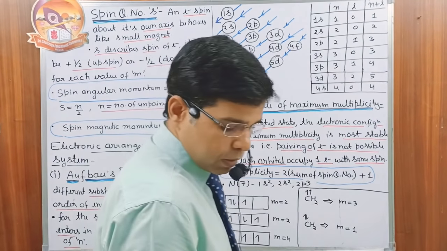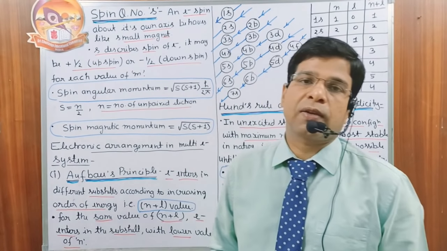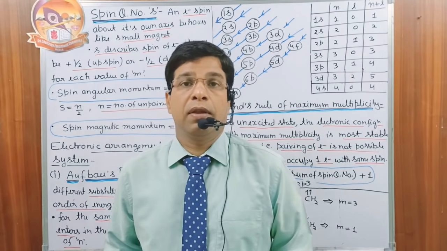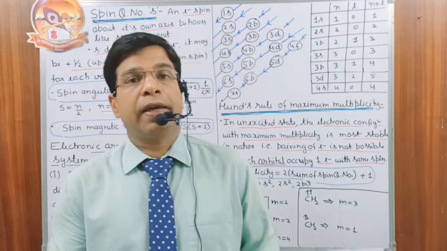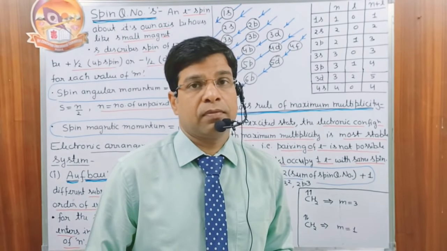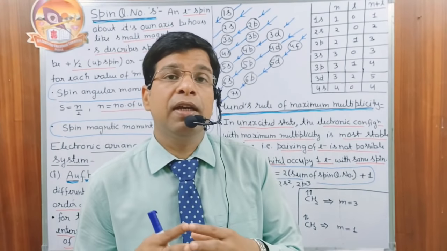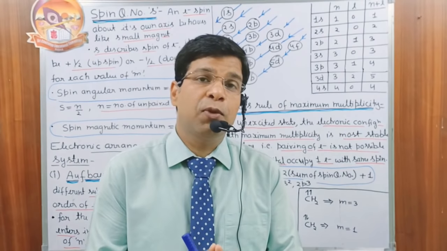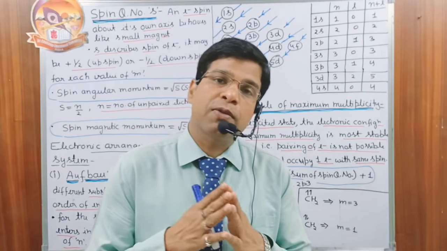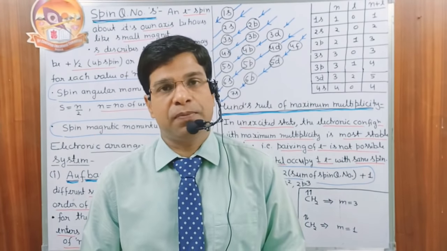Now these are the things we generally use in the single electron system, but the same rule, the same Schrodinger wave equation, cannot be applied to the multi-electron system. How we arrange the electrons in a multi-electron system is not decided by the Schrodinger wave equation, because the Schrodinger wave equation is only applicable to a single electron system.